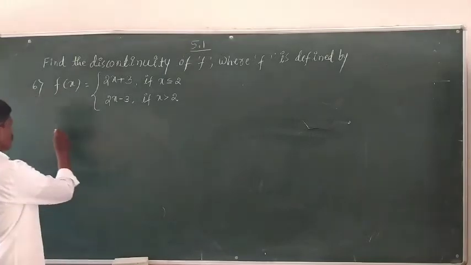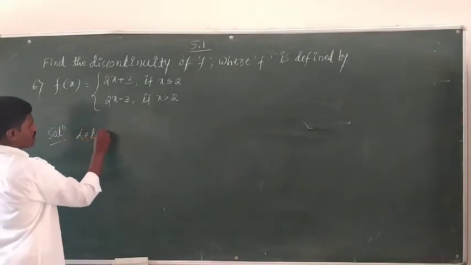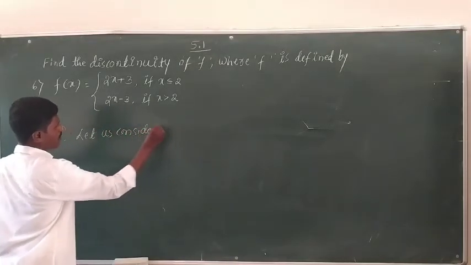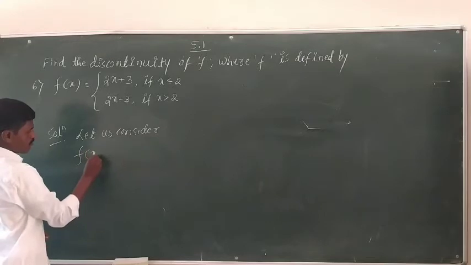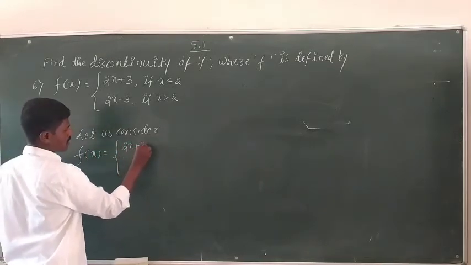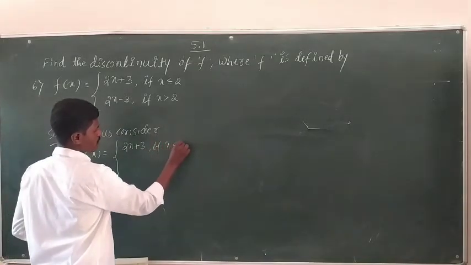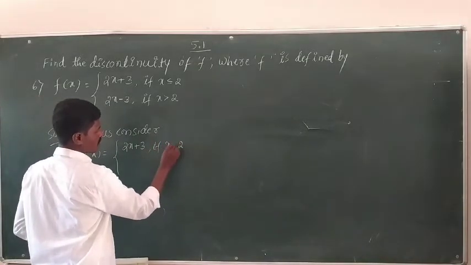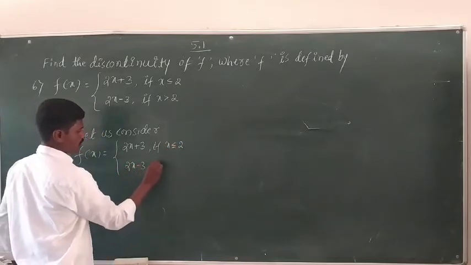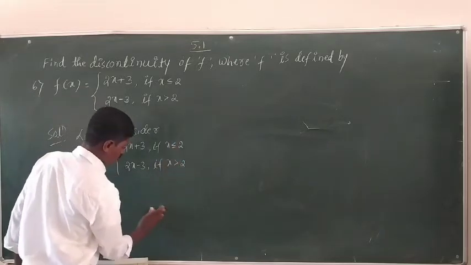So, solution. Let us consider the function f of x is equal to 2x plus 3 if x is less than or equal to 2, and 2x minus 3 if x is greater than 2.